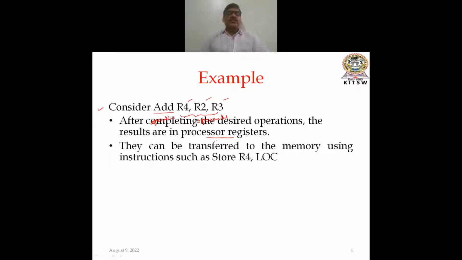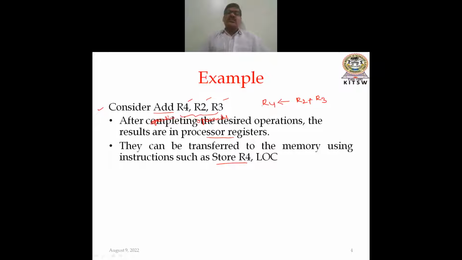So the register R4 is stored with the contents of register R2 plus the contents of register R3. R2 and R3 contents are added and the result will be stored in R4.